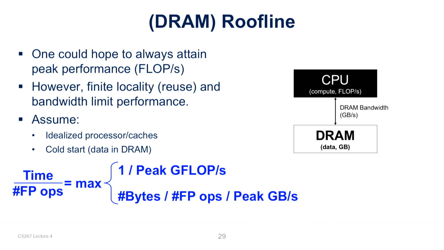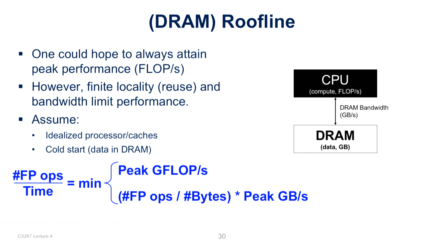And then at the bottom, what we have is the bytes per flop that we're performing times the peak gigabytes per second. So that is the arithmetic intensity, which I can put in parentheses there: the floating point operations divided by the bytes that I'm going to move, and then times the peak gigabyte per second rate.